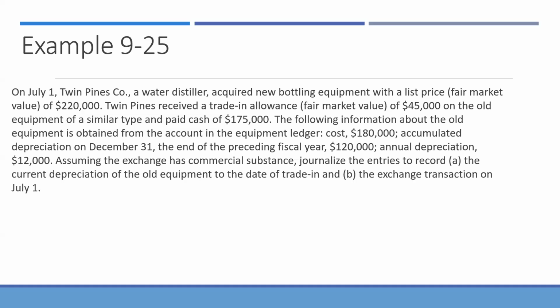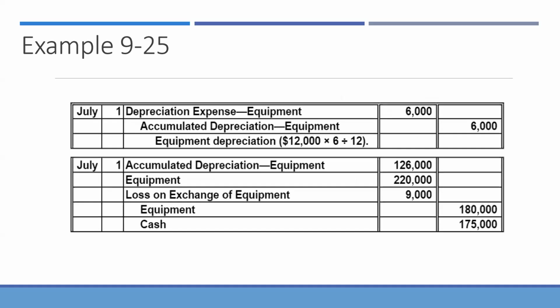The exchange has commercial substance, and this is on July 1st, so we have to record the previous 6 months of depreciation. So we're going to have $6,000 in depreciation expense that we need to record first. And then we have to record the debit to accumulated depreciation equipment, which is the $120,000 plus the $6,000. And then a credit to the historical cost of the equipment, which was $180,000.